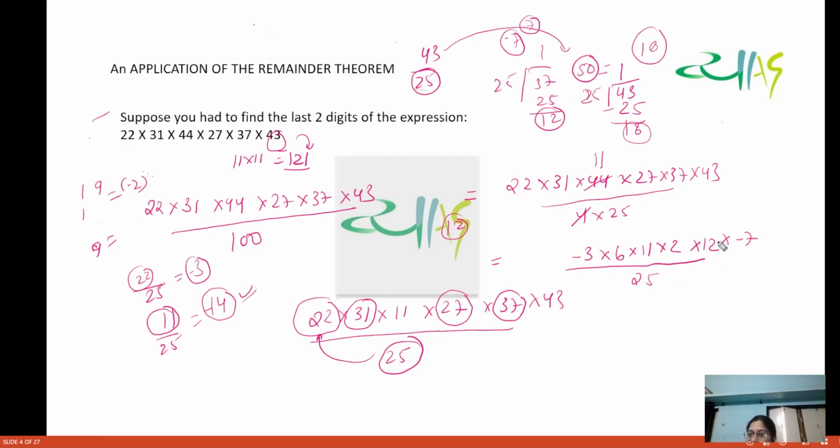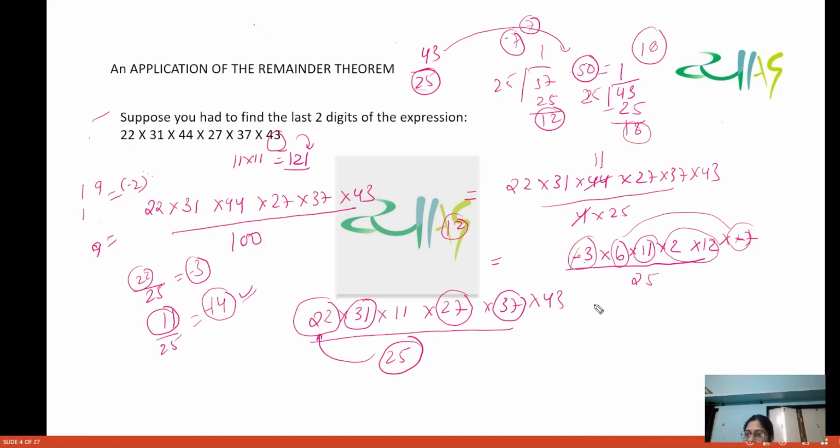So let's just pair this and this up. And let's just pair this and this up. Now see, there are two negatives here, so when they get multiplied, they will get cancelled. So we have only positive numbers here. Think like we have positive numbers here.